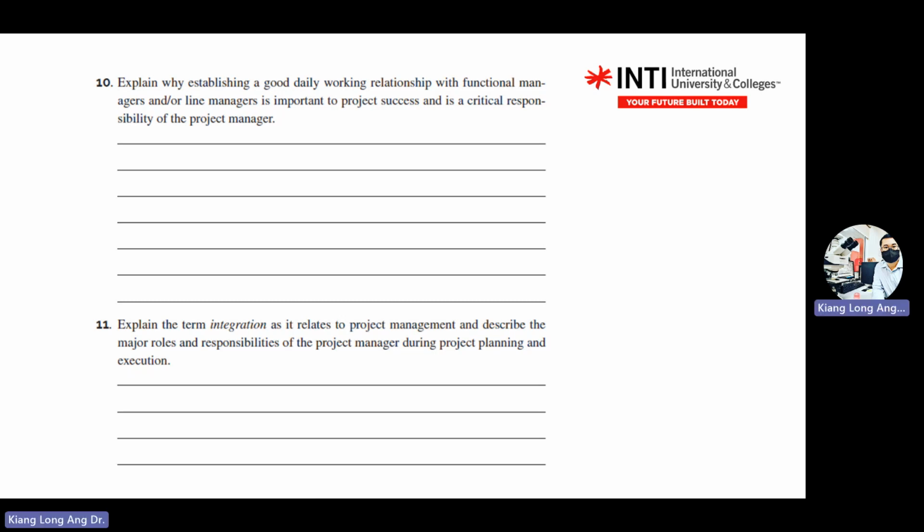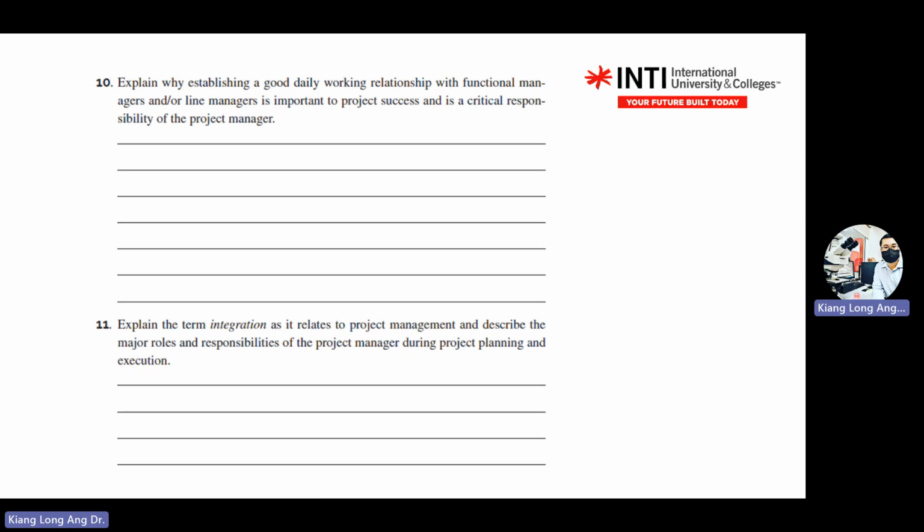Bridge. Okay, how do you bridge? You communicate, right? Okay. Besides communicate, you coordinate, right? Okay. So for the relationship between project components and the process, you coordinate as a project manager.